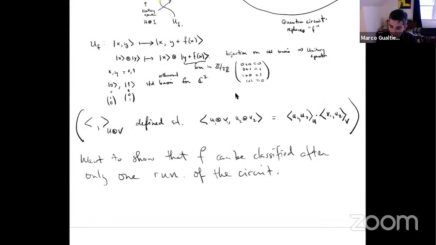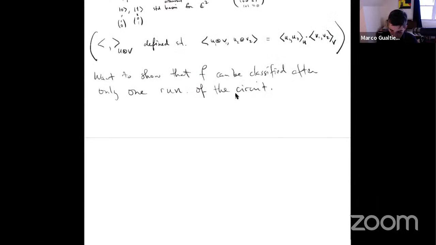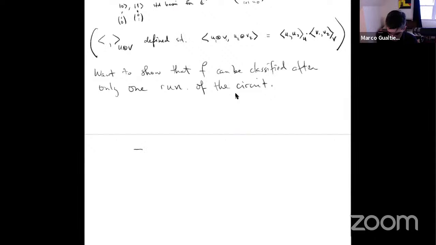Let's take the circuit and maybe to emphasize, I'll put UF here.